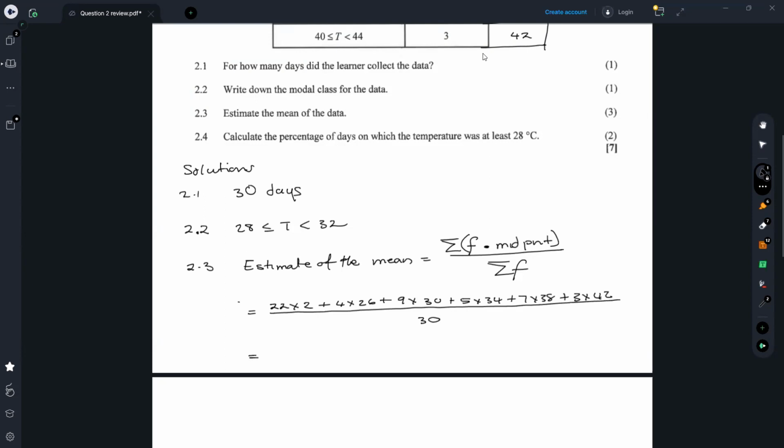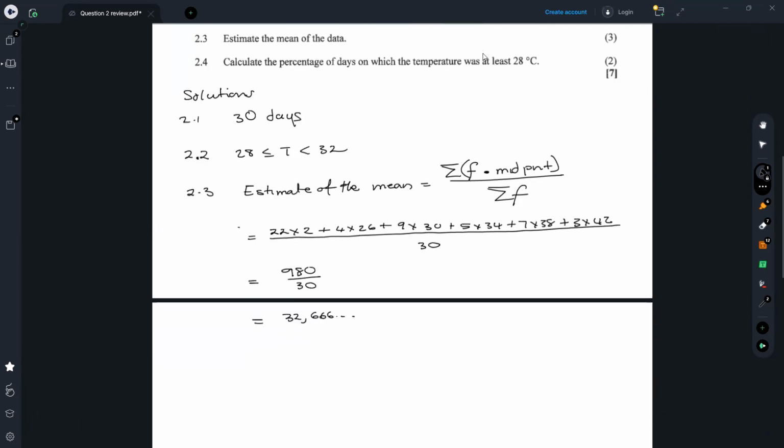Okay, so as you make your calculation here, you'll see that you're going to have 980 over 30. And when you punch this information into your calculator, you are going to get 32,666, and I think it's 6 recurring.